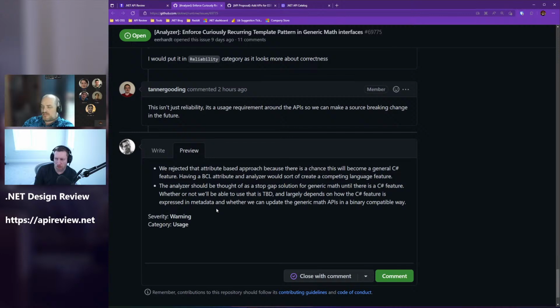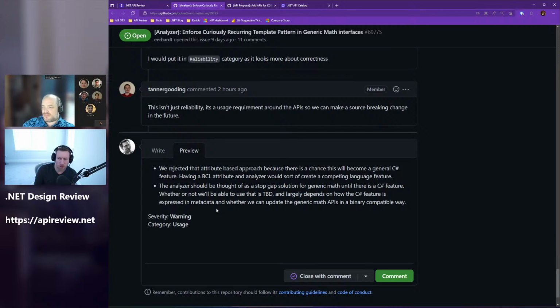There's not really an issue with reliability or correctness, right? It just means that certain things at compile time won't light up. It means that your code will compile, but it won't do what you think it does.